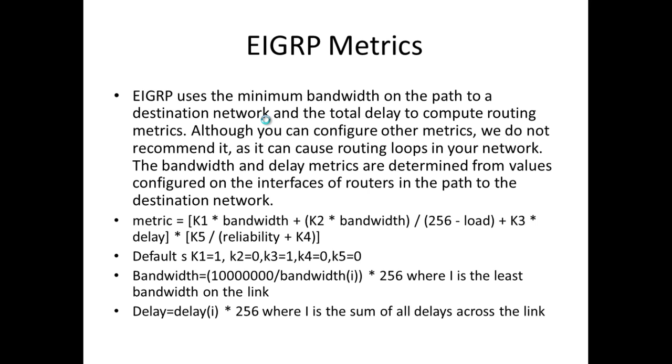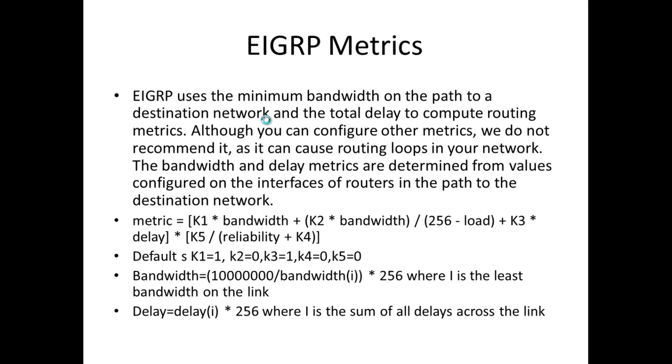All the above formula is multiplied by K5 divided by the reliability plus K4. The defaults are K1 equal to 1, K2 equal to 0, K3 equal to 1, K4 equal to 0, K5 equal to 0. Then the final formula is K1 multiplied by bandwidth plus delay.